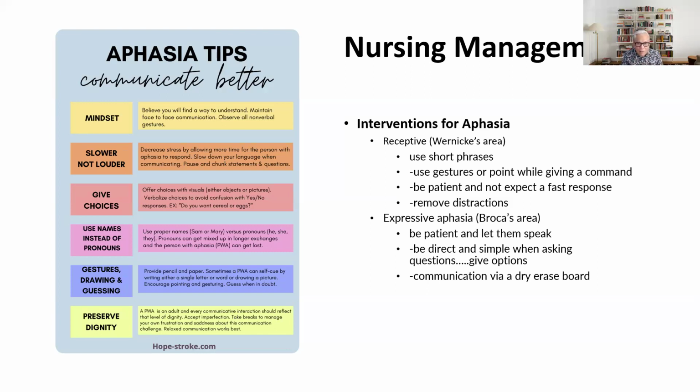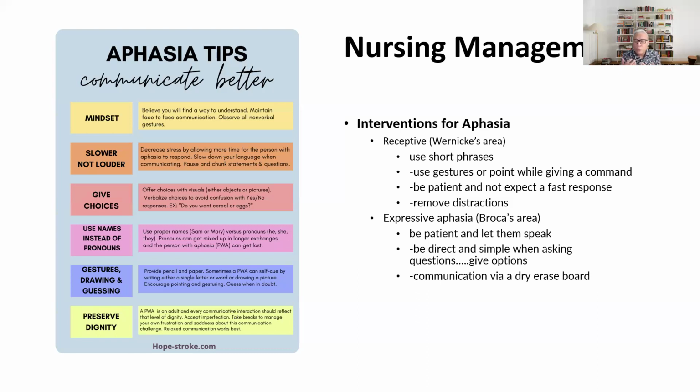For expressive aphasia, which is Broca's aphasia, remember that the patient understands the speech, but they cannot respond back with speech. So the intervention is be patient and let them speak as much as possible. Be direct and simple when asking questions. Maybe you can give them options.